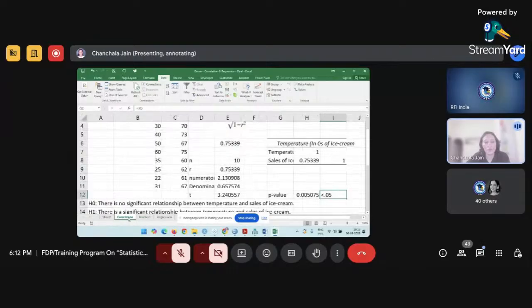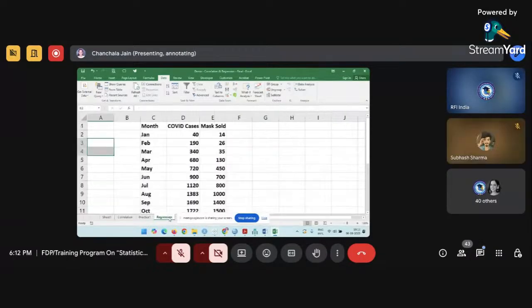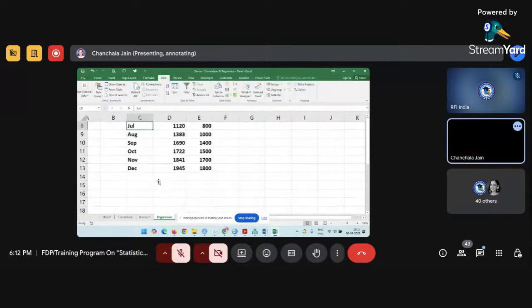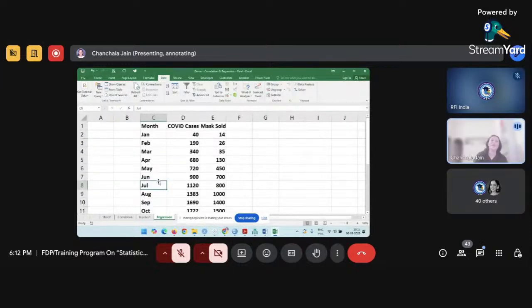And then I'll move to the next test, which is regression. Open the regression sheet now. The concept we have already understood. The example is saying we are having COVID cases and mask sold data for the 12 months, right?